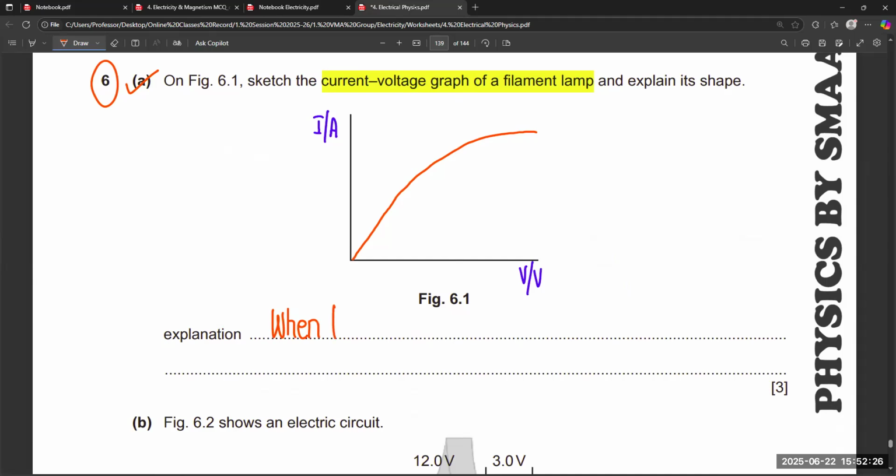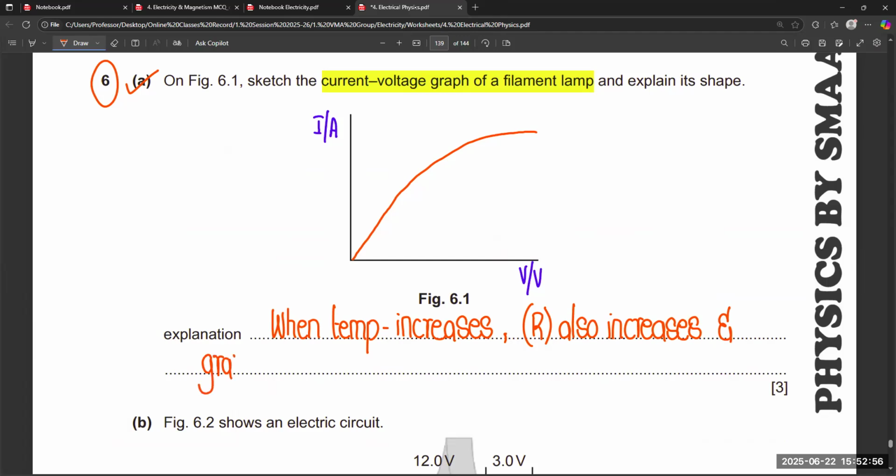When temperature increases, resistance also increases and graph bends towards voltage axis, right?